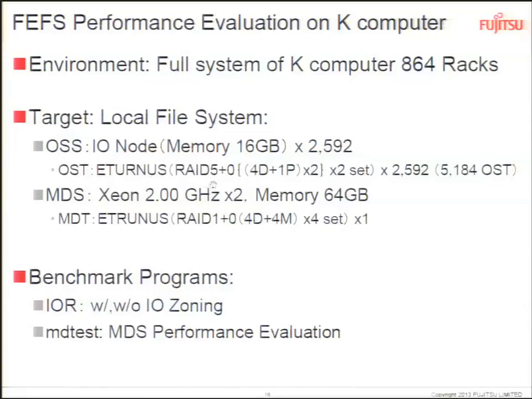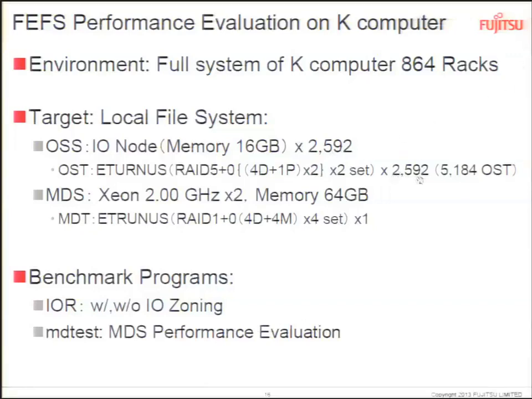However, to reduce memory consumption, we cut off half of the number of OSTs. So we measured several configurations on the RAID disk. We took RAID 5 plus 0, RAID 5 and striping technology, since it has the smallest effect on storage performance.